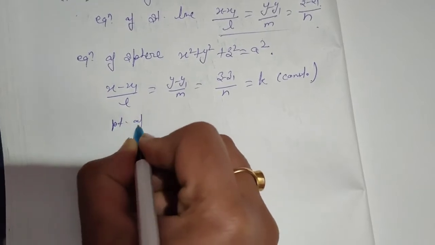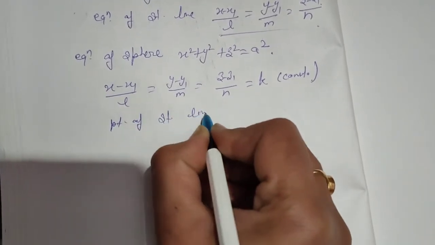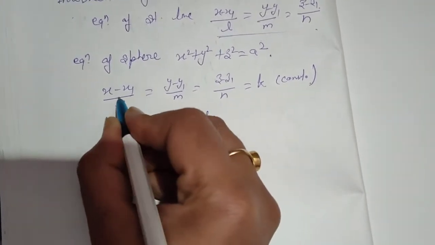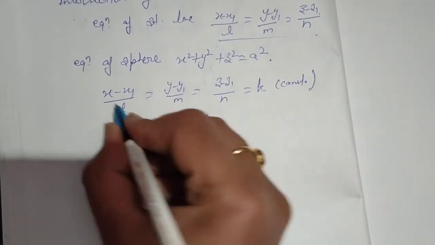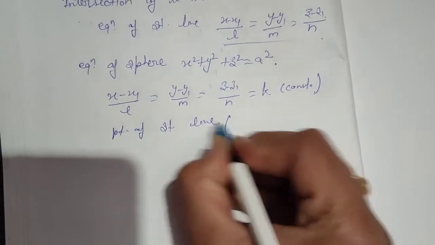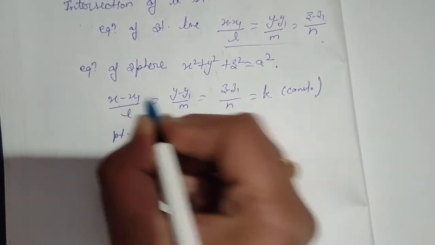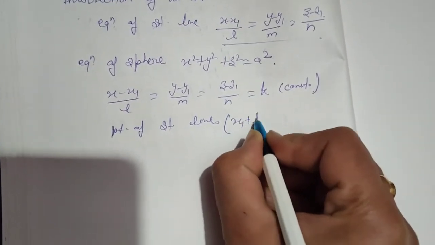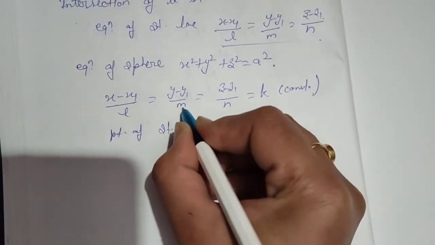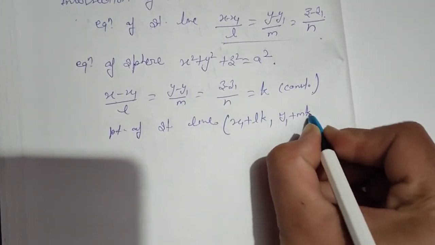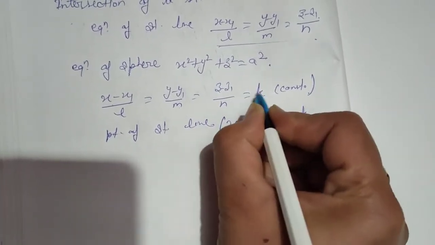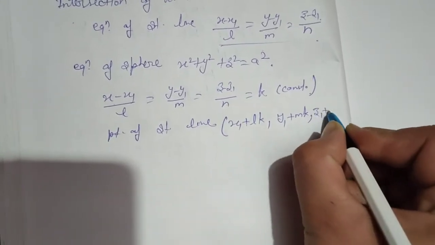Point of a straight line: (x minus x1) by l is equal to k, then x is equal to lk plus x1. y is equal to mk plus y1. z is equal to nk plus z1.